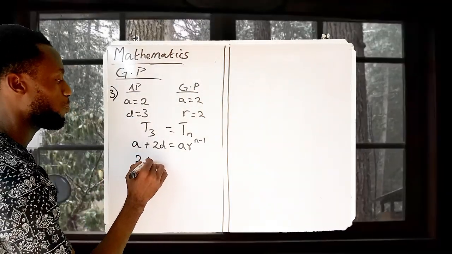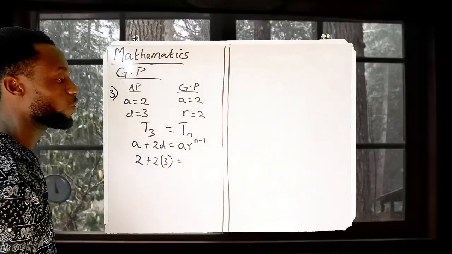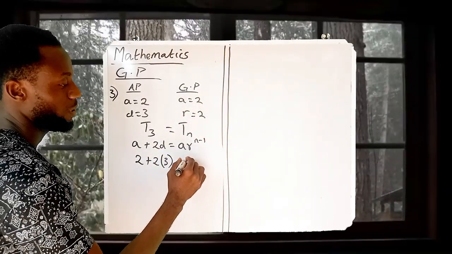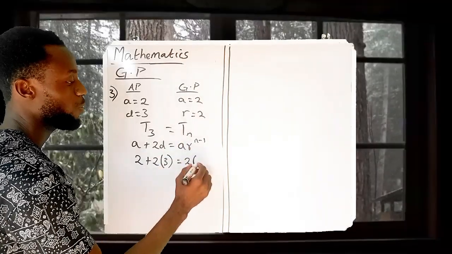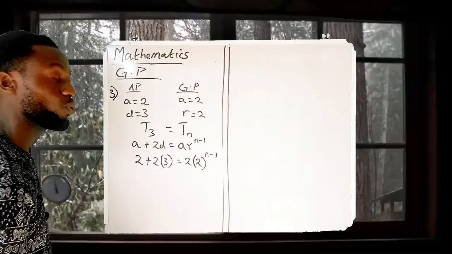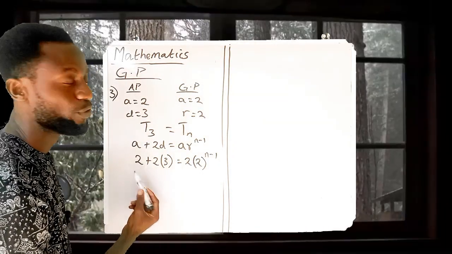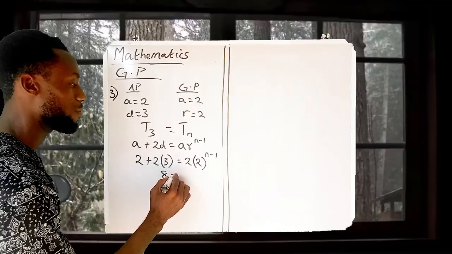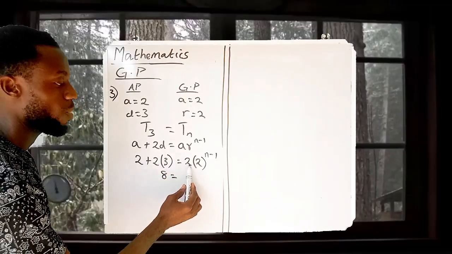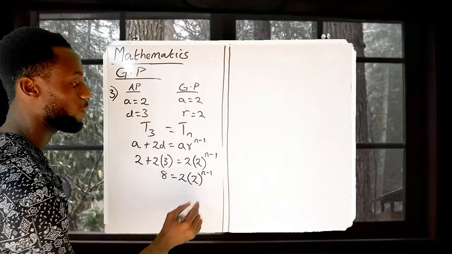This is 2 plus 2 into the common difference of 3, which becomes equal to the first term for the GP, 2, times the common ratio, which is 2, raised to the power of n minus 1. 2 times 3 here is 6 plus 2, giving us a total of 8, and this is equal to 2 into 2 raised to the power of n minus 1.